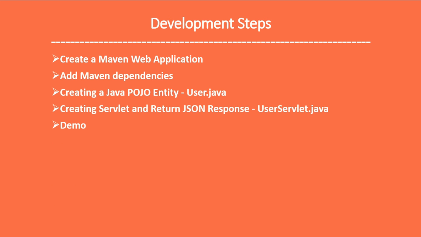Finally we test this servlet from the browser. We deploy this servlet in a servlet container like Tomcat, and test it from the web browser. Alright, let's go ahead and create a web application in Eclipse IDE.